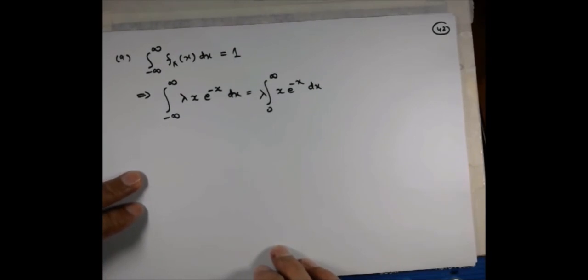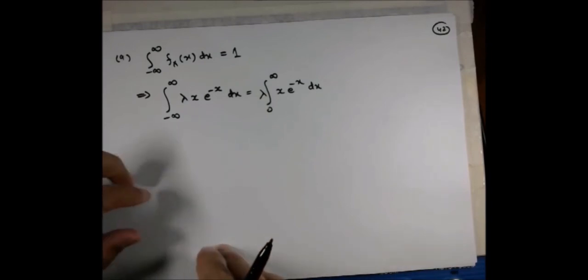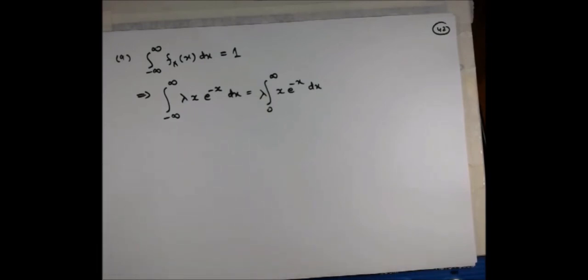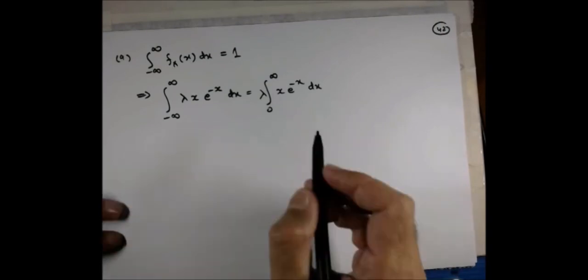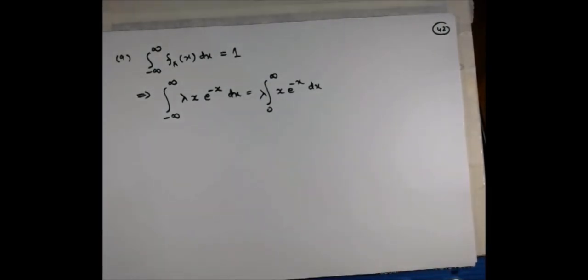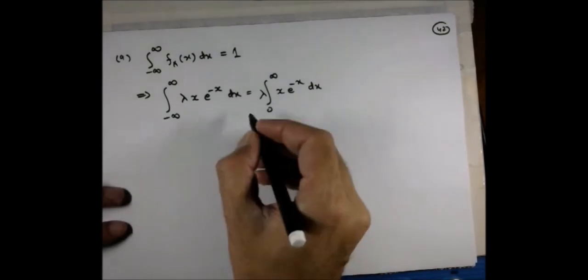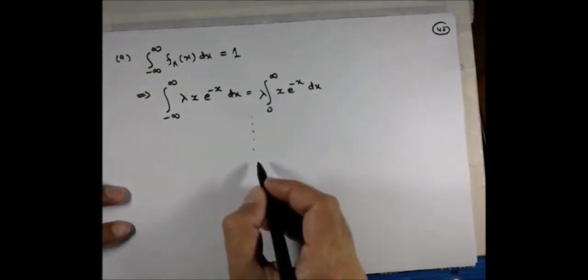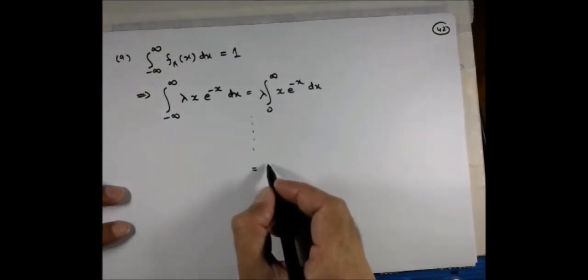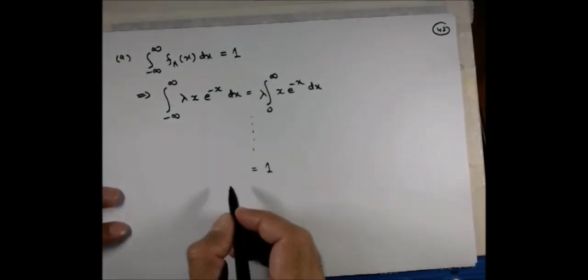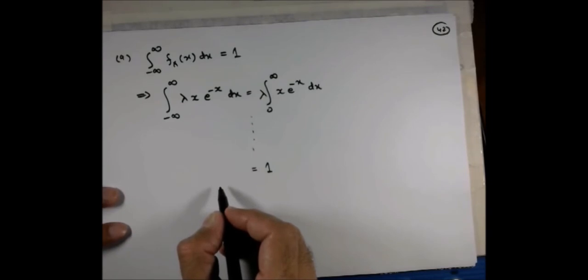If you solve this, I think I'll not solve this for you, but just a little pointer: when you solve this integral, you will have an indeterminate form. So you will have to utilize L'Hopital's rule, and if you utilize L'Hopital's rule, you will ultimately see that this expression becomes equal to 1.